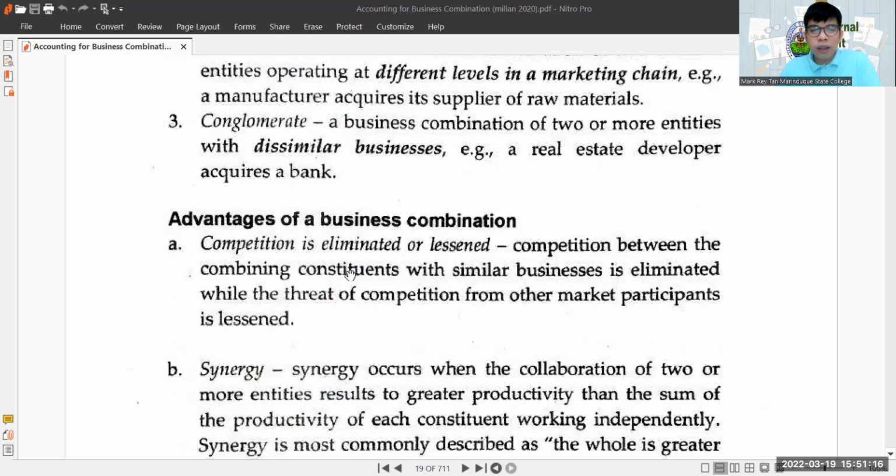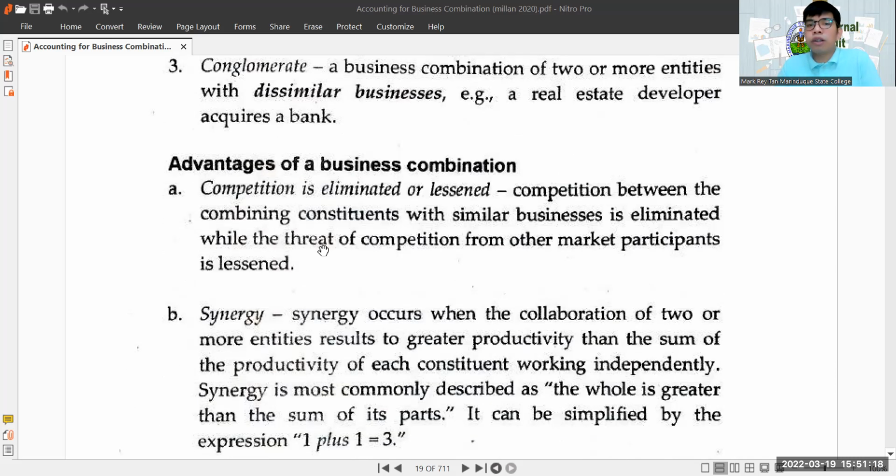So to discuss some, the first is the competition is eliminated or lessened. This is common sense, to be honest, pero just to give an example, isipin natin si Jollibee, di ba? Pinurchase niya si Mang Inasal, si Chowking. So these are all food chain na fast food restaurant na kung ikaw yung customer, mamimili ka kung saan mo gusto kumain.